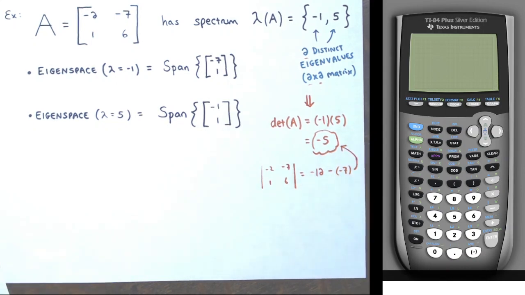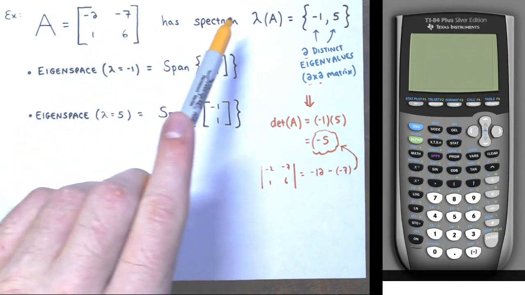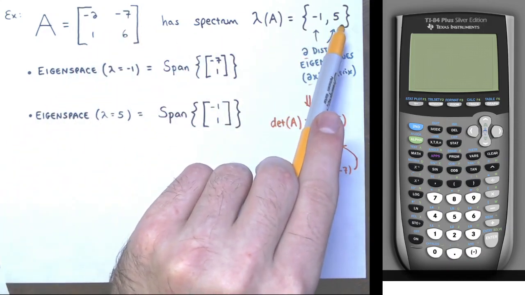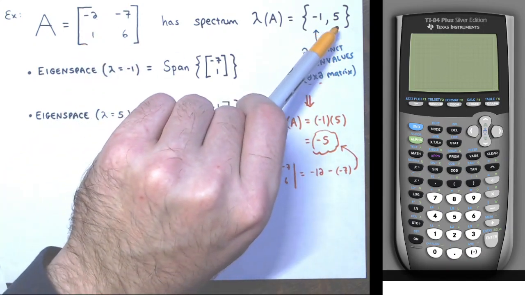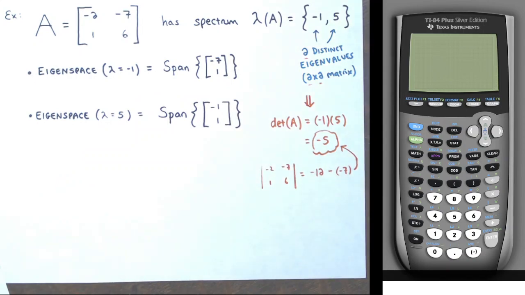Wow. Okay, so if a 2 by 2 matrix has exactly 2 different eigenvalues, the determinant of that matrix will be equal to the product of the eigenvalues. Good. And again, that applies to any size square matrix, but we're seeing specifically here a 2 by 2.